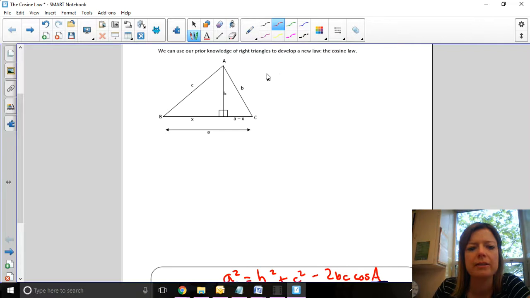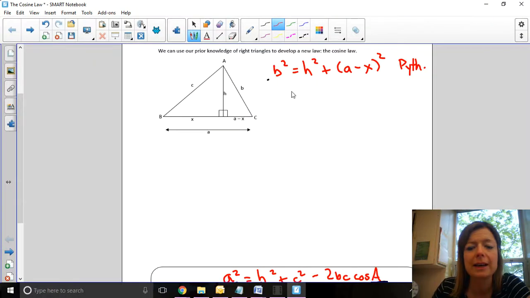If we use Pythagorean theorem, we can see that B squared is equal to H squared plus, in brackets, A minus X all squared. You can just put on the side, that's Pythagorean theorem. That's where that came from.